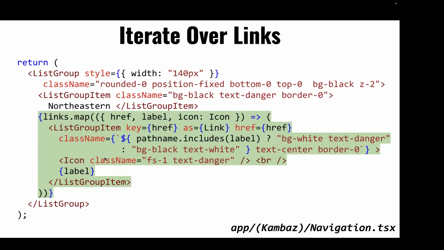Then we have the icon, which has a reference that gets applied here, so it's always red, red on whatever background we have. Whether it's highlighted or not, the color of the icon is always red.